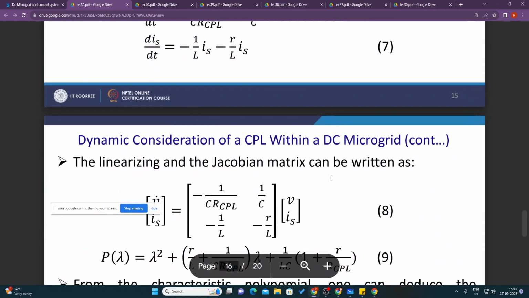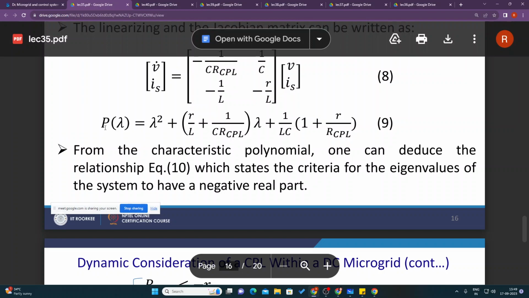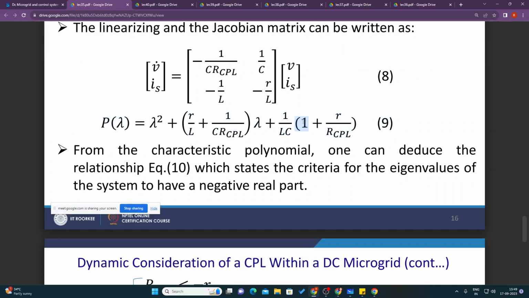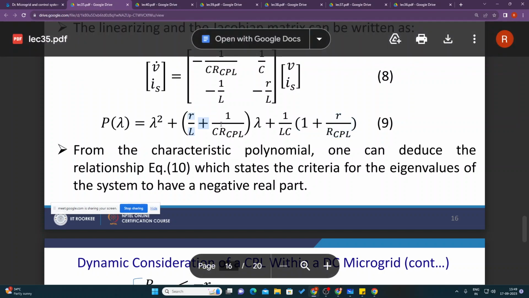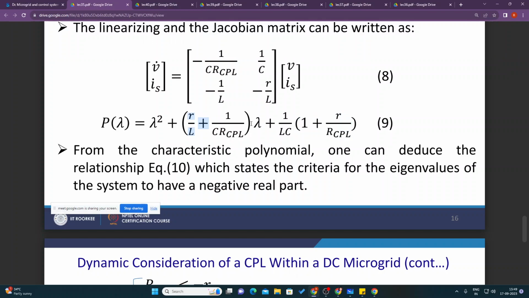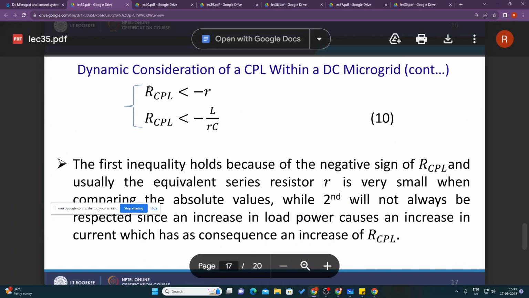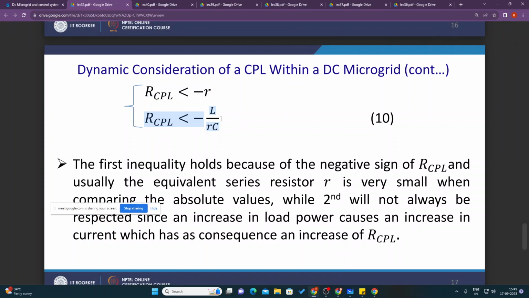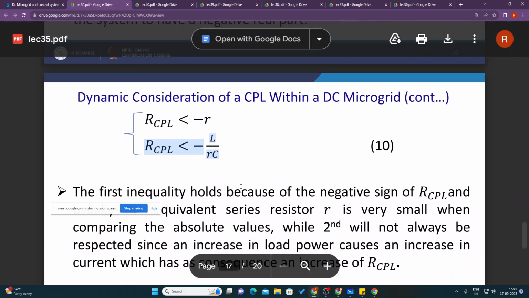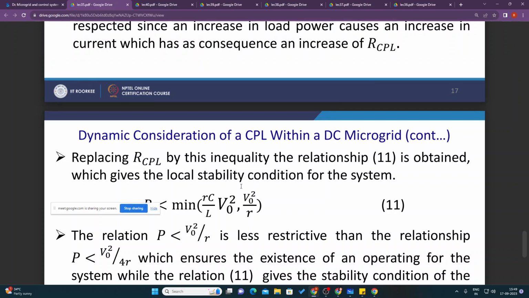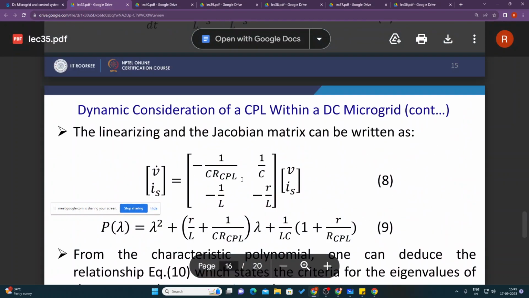So from there we have this characteristic expression. Now neither this coefficient nor this coefficient can be negative, which gives us these two conditions. So from these conditions we get the stability criterion under this scenario.